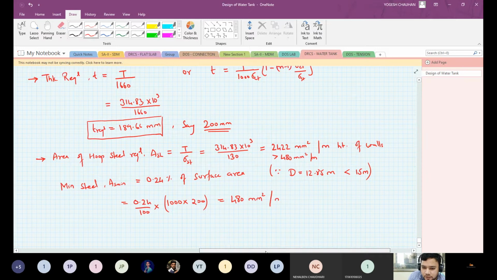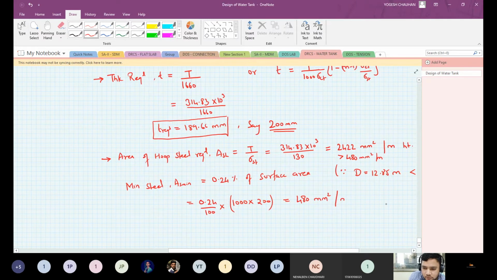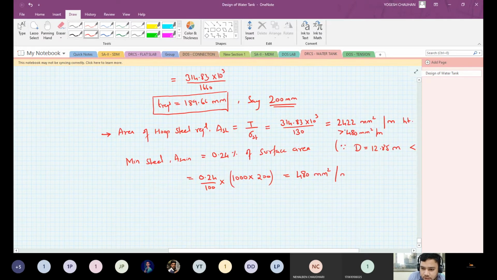So we have to provide the steel based on the tension required to resist the tension.